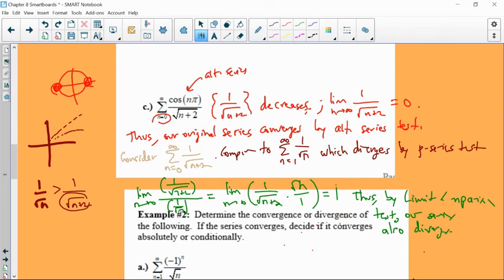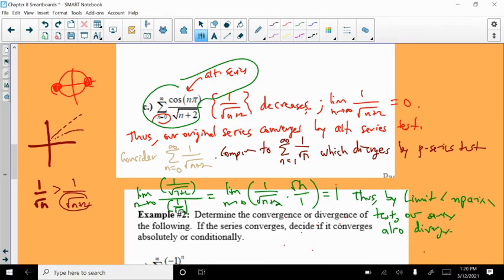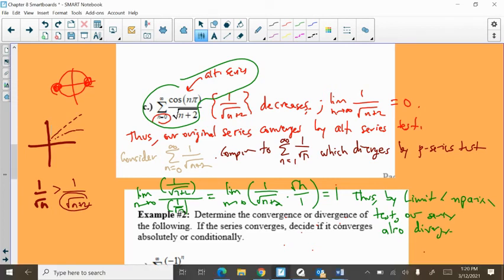It told us that our original series, which alternated, only converges conditionally. It does not converge absolutely. So if it asked us to distinguish whether it converges just conditionally or absolutely, and I have actually seen that on the AP exam as a free response, where you determine if this alternating series converges conditionally, absolutely, or diverges.